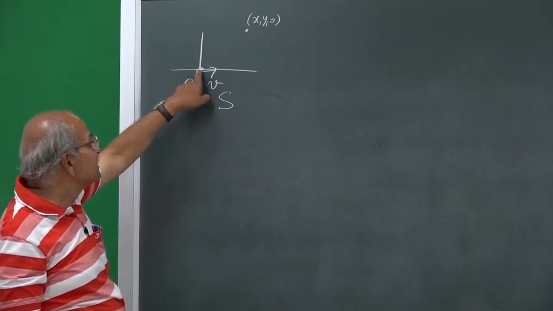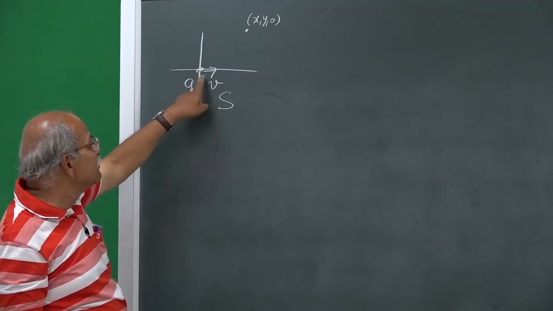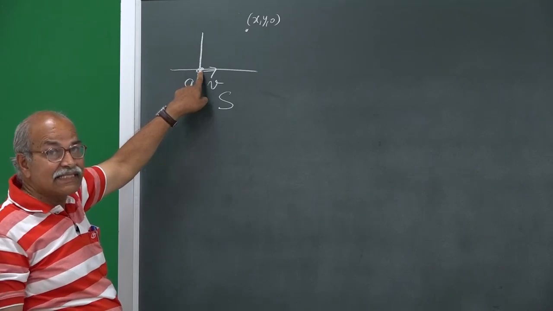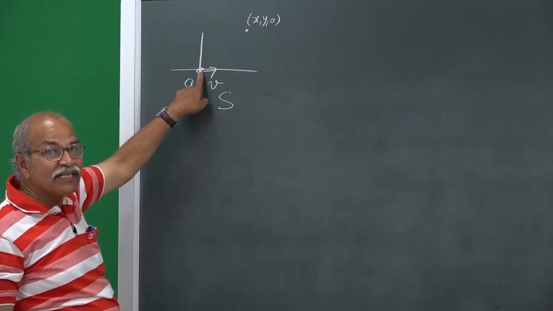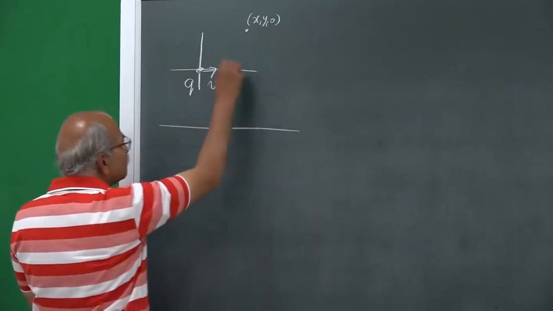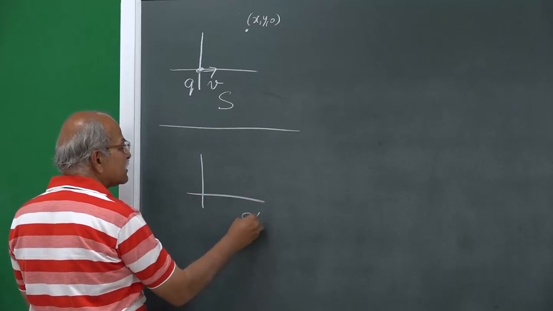So, that I take as t equal to 0, t prime equal to 0. So, S prime is here, and after that q moves with velocity v, S prime moves with velocity v. So, this q is always at the origin of S prime, and hence if I look at this whole situation from S prime, what I see is a very simple situation.